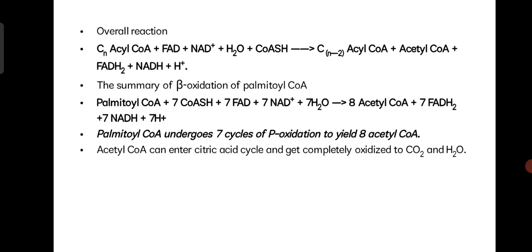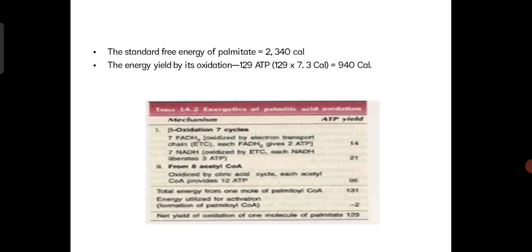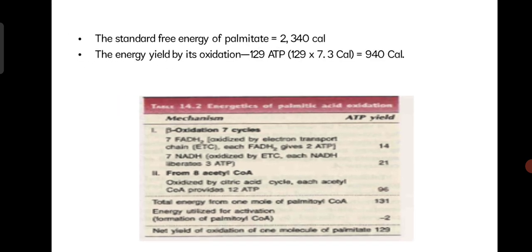So this is the overall reaction. Next is energetics. This is the palmitate standard energy. It is 2340 calories. Then by the oxidation process we are yielding 129 ATP.